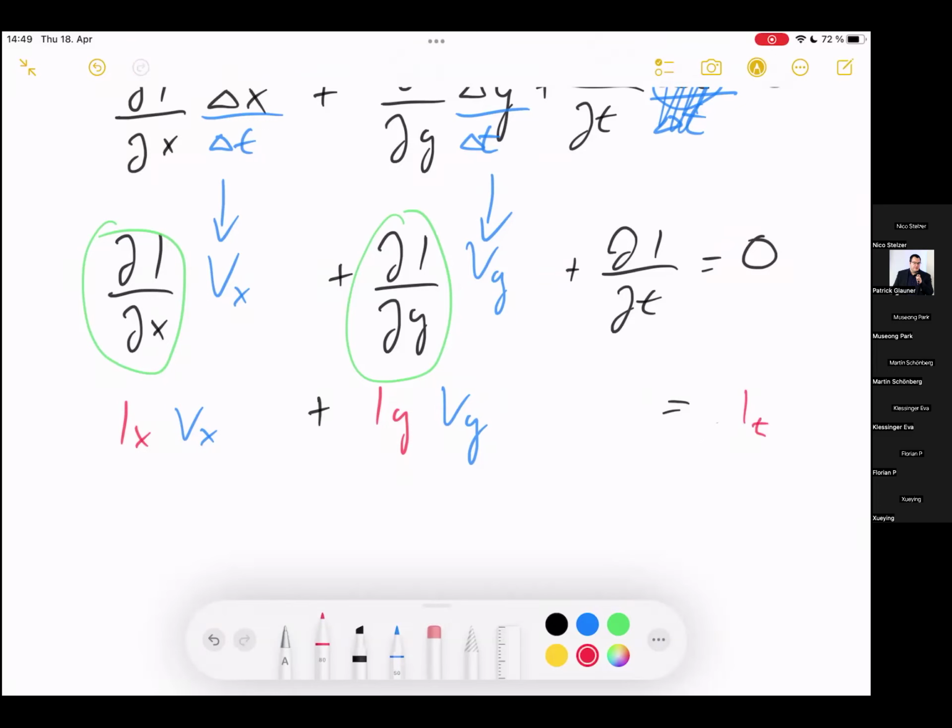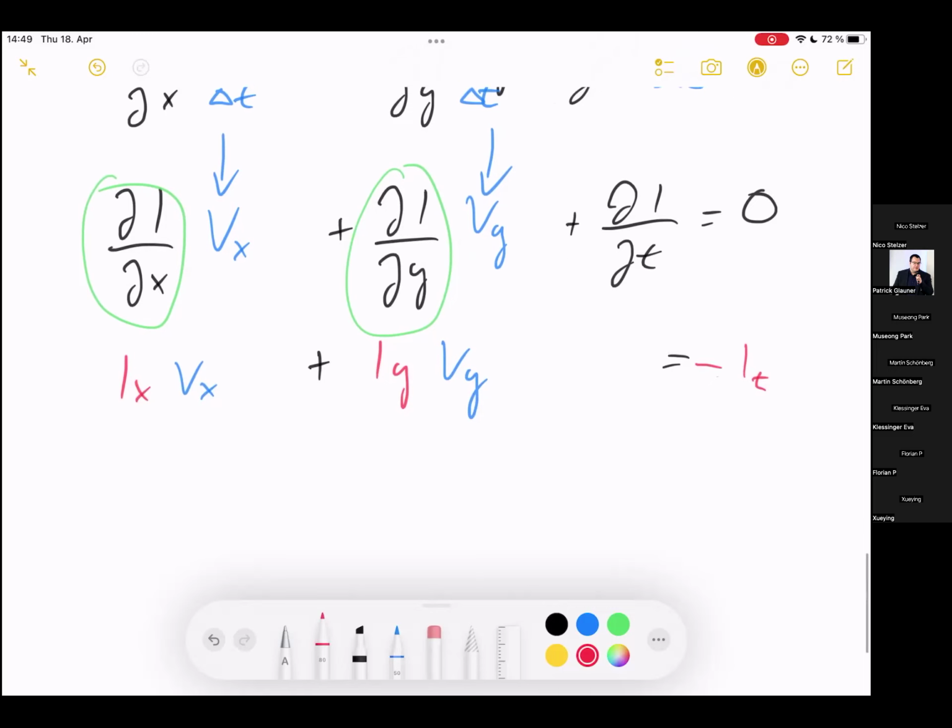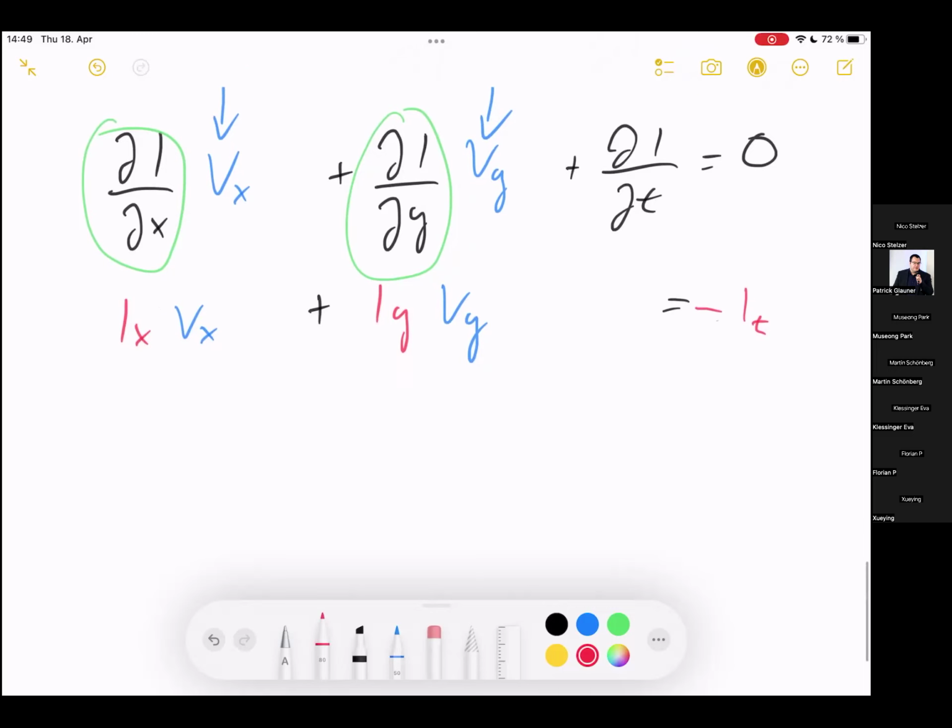The minus should look a little bit nicer, like this. And we can again rewrite this as nabla I, which is the gradient, times V. And V is a vector, so it's in bold, is equal to minus It.